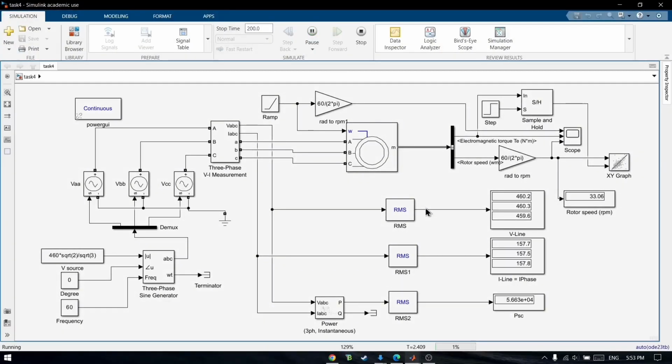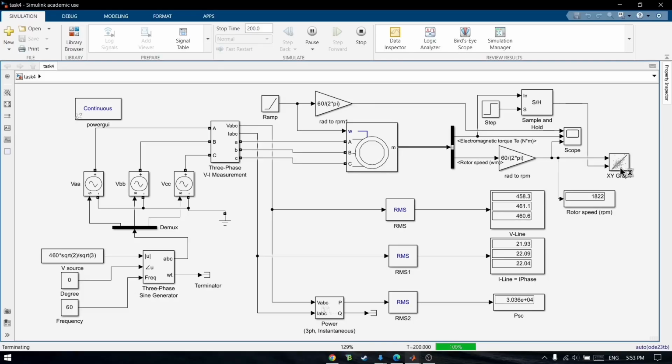The step input applies a load torque at a specific time and the motor responds accordingly. You can see the rotor speed starts at synchronous speed and decreases as load torque is applied. Electromagnetic torque increases to balance the load torque as shown in the torque-speed curve on the XY graph.